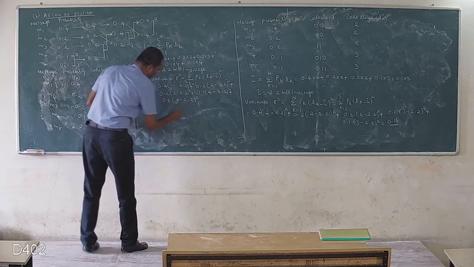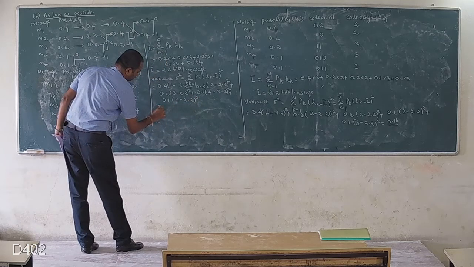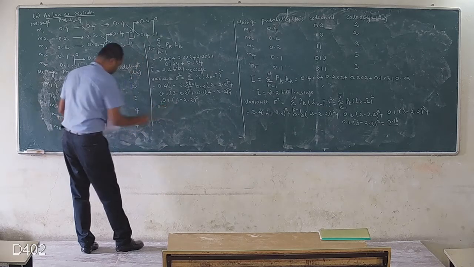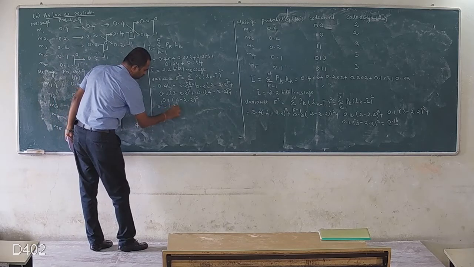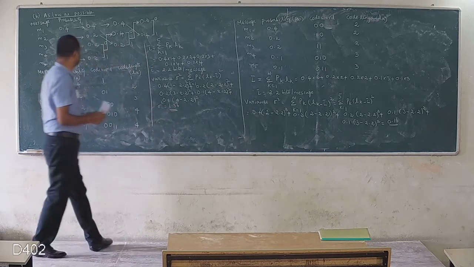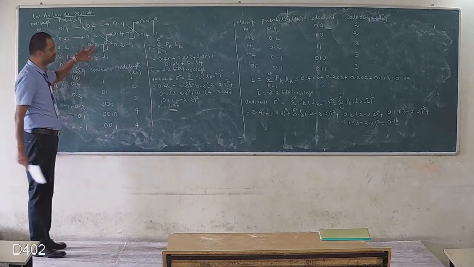It will lead to the value of variance, so sigma square is equal to 1.36.